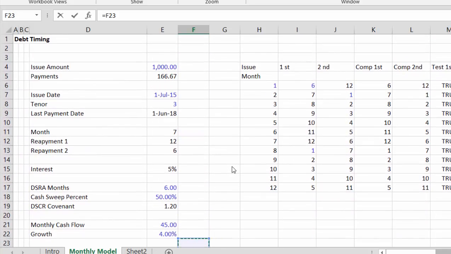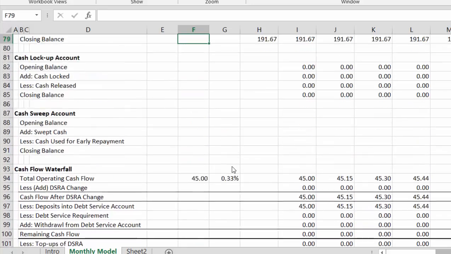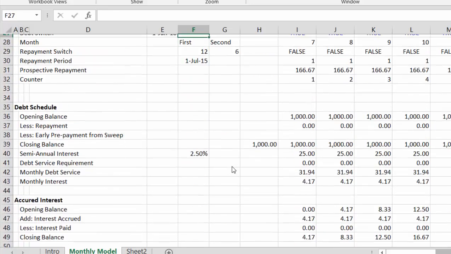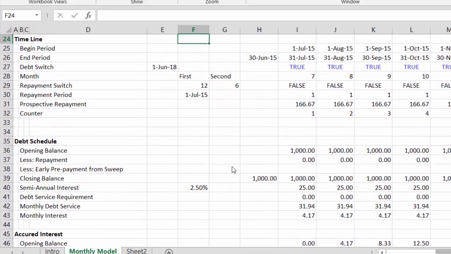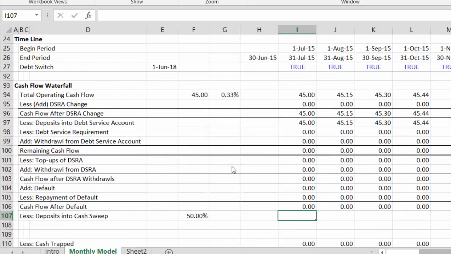Okay, so let's just go through some basic cash sweep analysis. If we just did a regular one, we put minimum. Well, first we only sweep when the cash flow is positive.